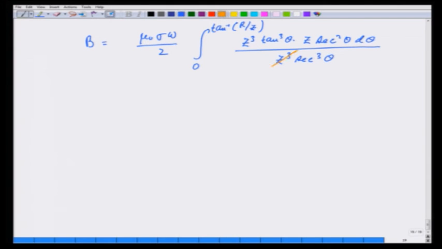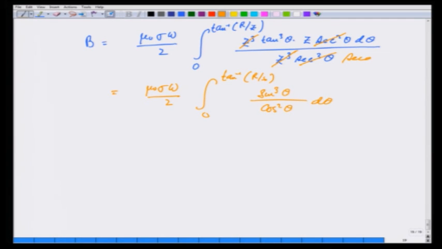Let us cancel a few terms. z cube cancels, secant square theta cancels, gives me sec theta, and therefore this becomes mu 0 sigma omega over 2 integral 0 to tan inverse r over z of sin cube theta over cosine square theta d theta.